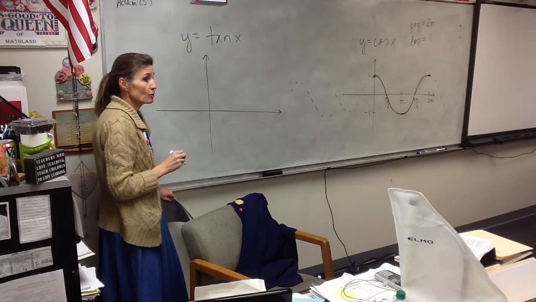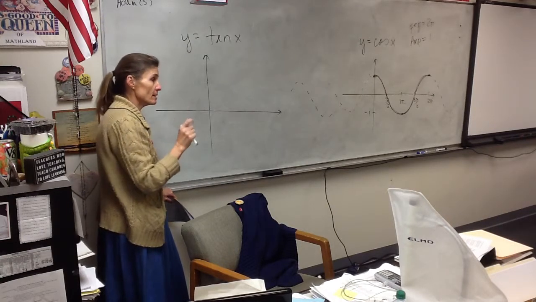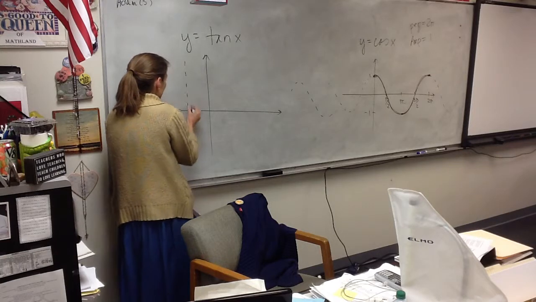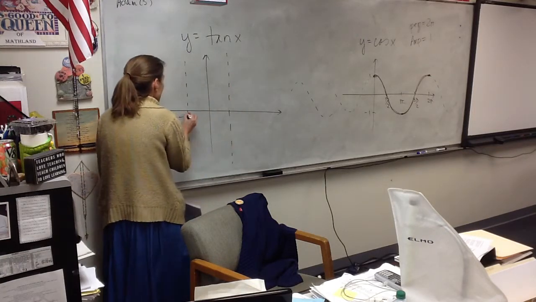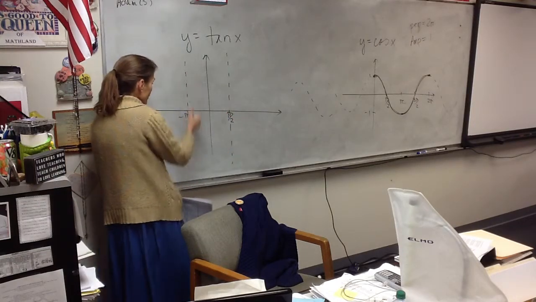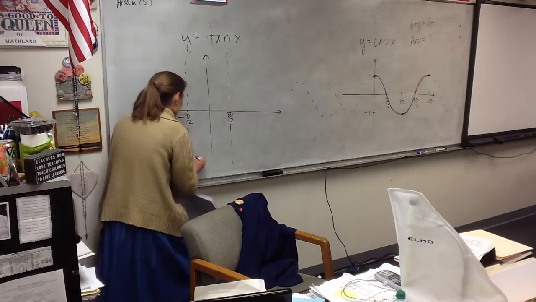The tangent curve is actually shorter. One period of it is shorter. The tangent curve has a vertical asymptote at negative pi over 2 and pi over 2.